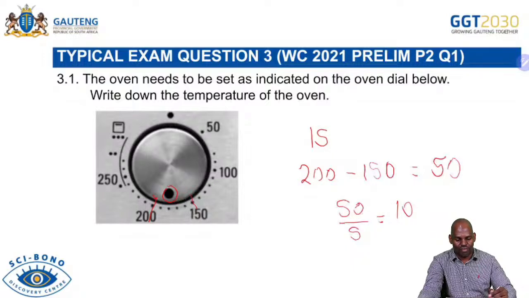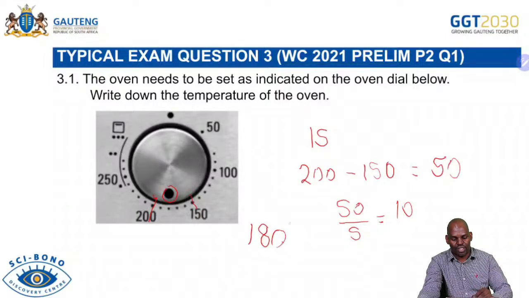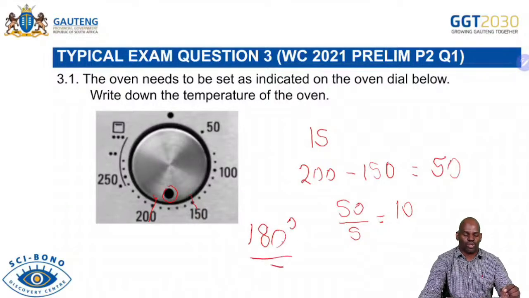The second one is 170, then 180, 190, 200. Okay, so the reading there is at 160, 170, so it's 180. So the answer in this case is just 180 degrees. It was very important for you to know how to interpret the intervals there so that you'll be able to read the correct temperature.